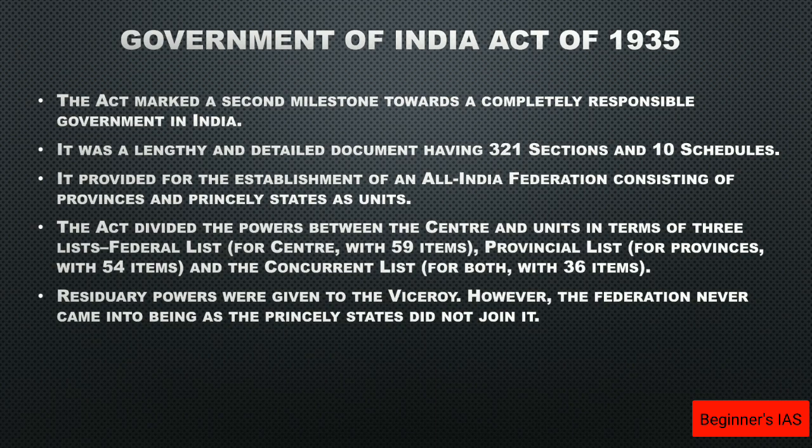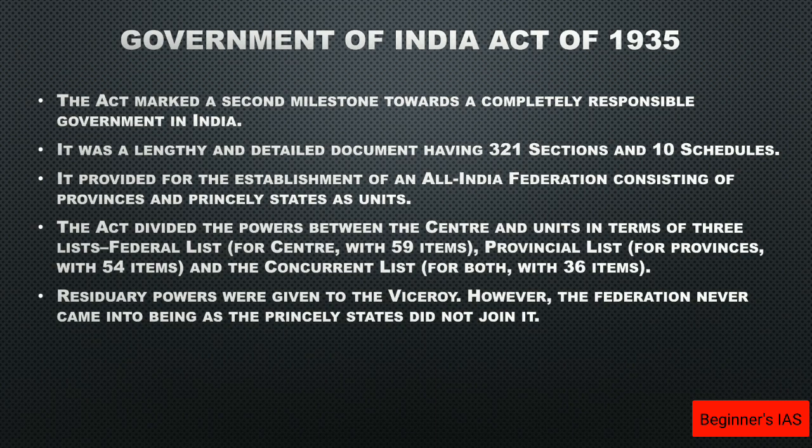And also this act divided the powers between the center and the units in terms of three lists, present day and those days. Federal list for center with 59 items, provincial list with 54 items, concurrent list with 36 items. Right now it has been changed.